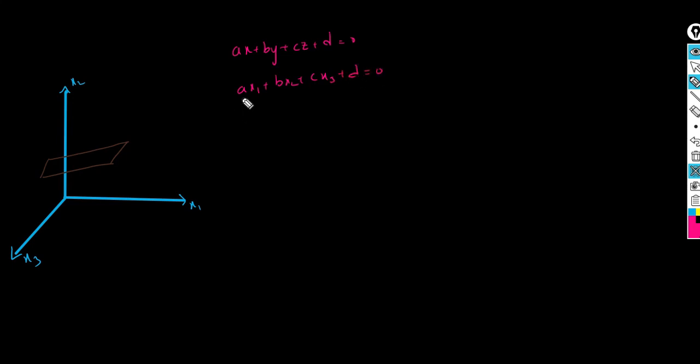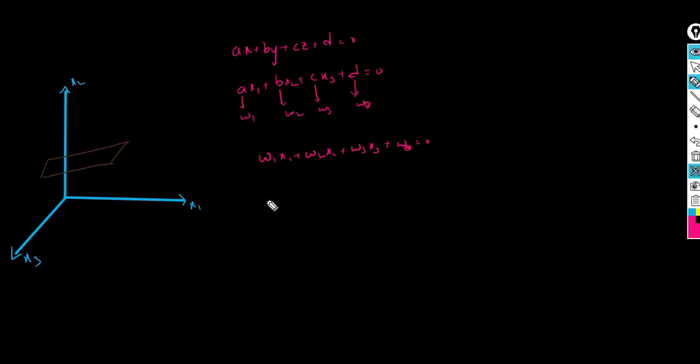For our convenience, we use a as w1, b as w2, c as w3, and d as w0. Now we rewrite it as w1 x1 plus w2 x2 plus w3 x3 plus w0 equal to 0. Sorry, instead of d we are using w0.